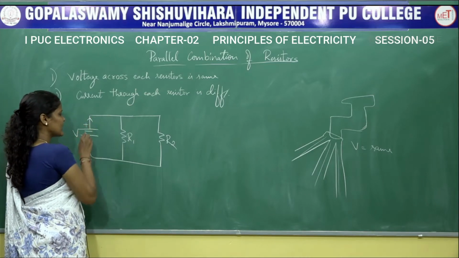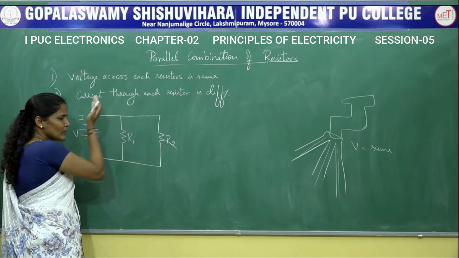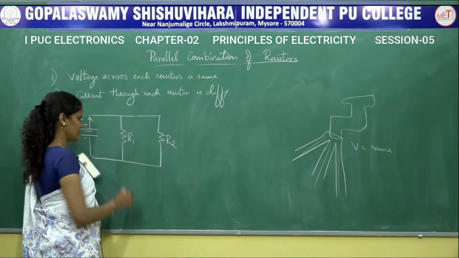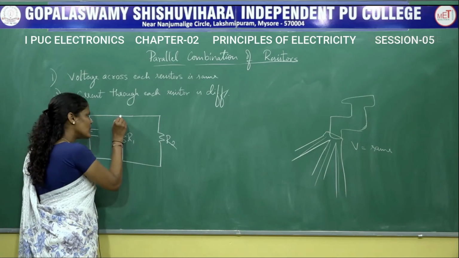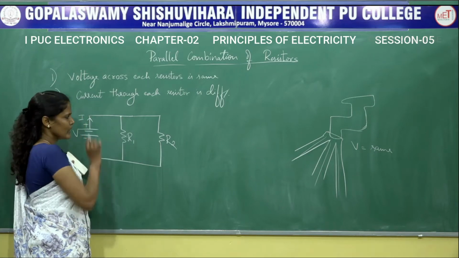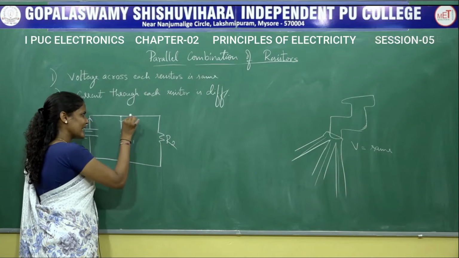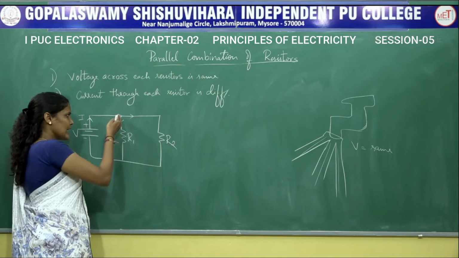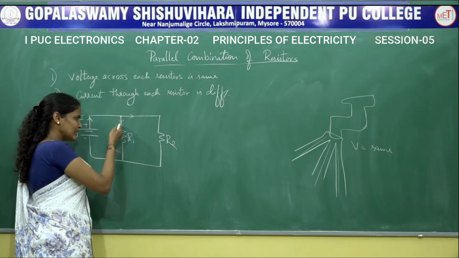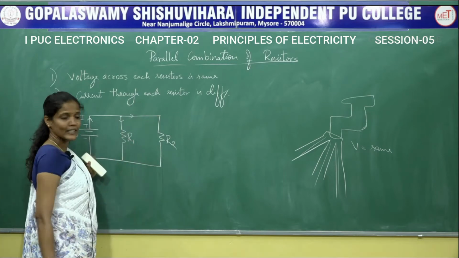According to the conventional current, the current starts flowing from the positive terminal of the battery. But as soon as the current comes to this particular point, the current will take two different directions.